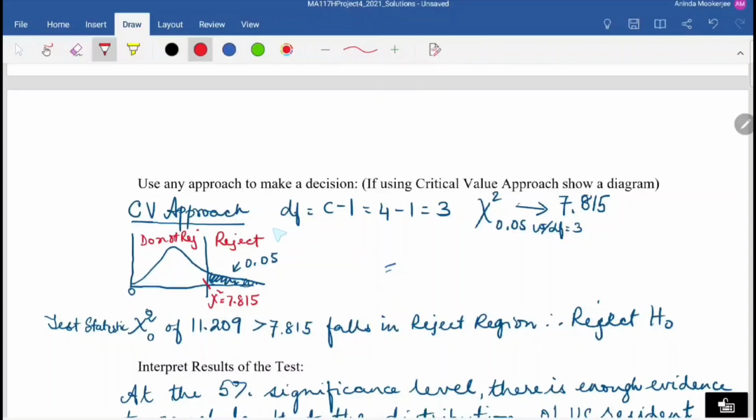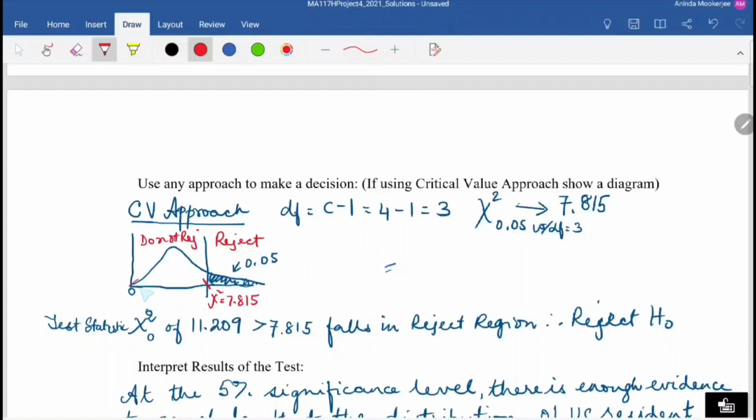For the critical value approach, we have to find the critical value, or the cutoff between reject and do not reject. But we have to draw our diagram first for the chi-squared distribution. Again, keep in mind it's a right tail test and it's hinged at 0.